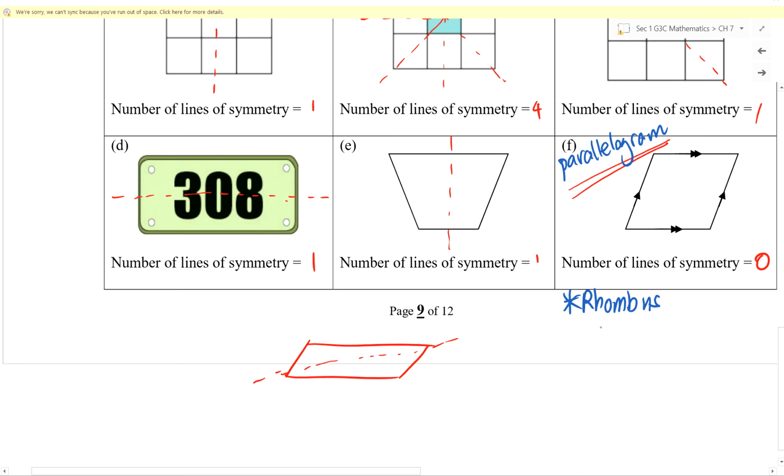However, if it is a rhombus, which this diagram over here kind of looks like, you may have been misled. For a rhombus, we will have 2 lines of symmetry.